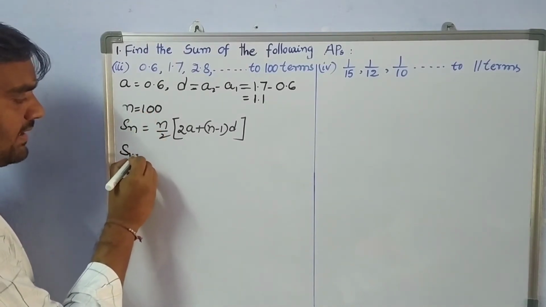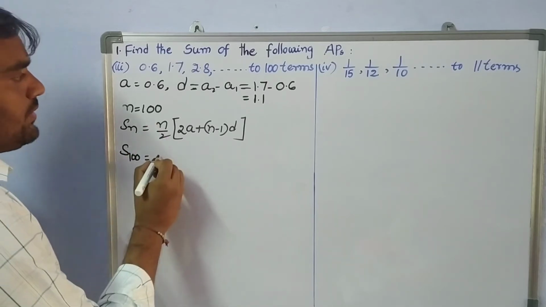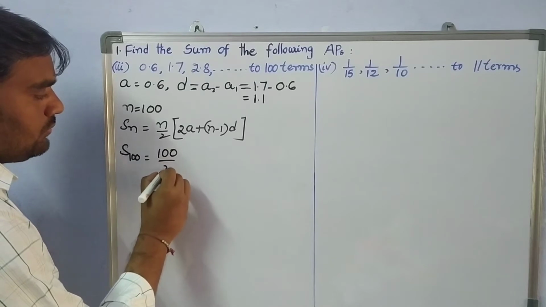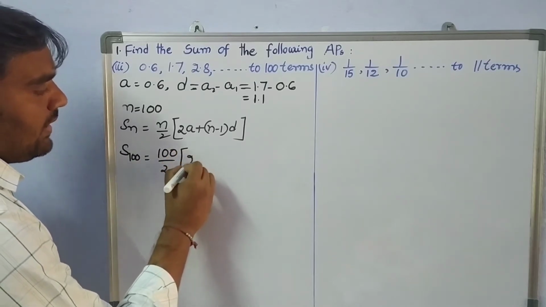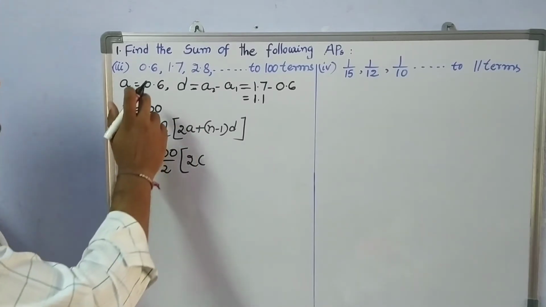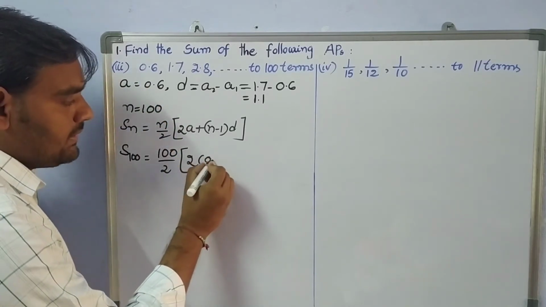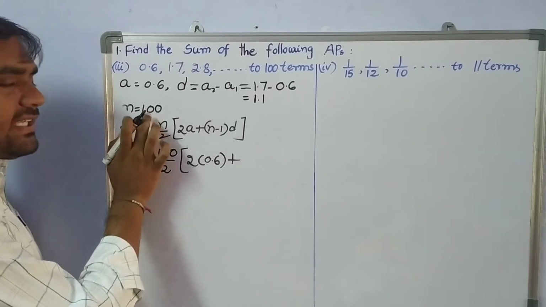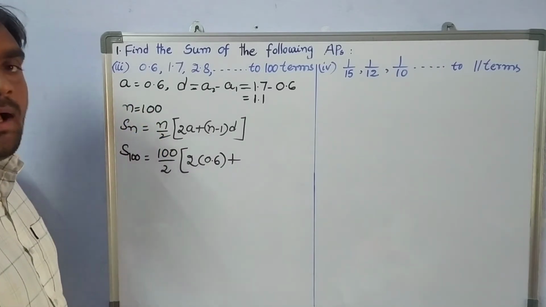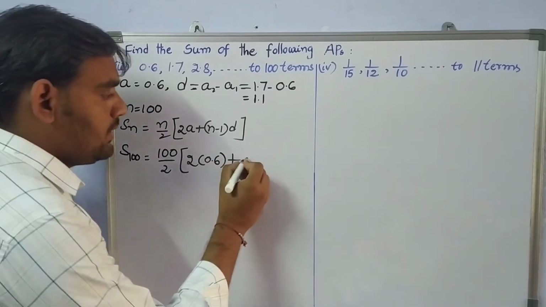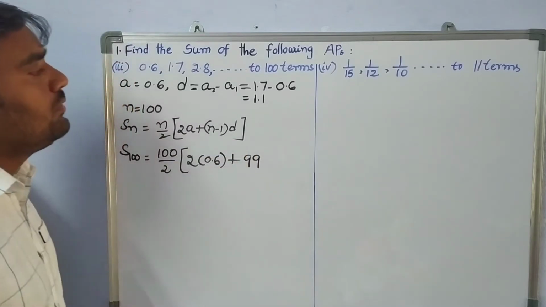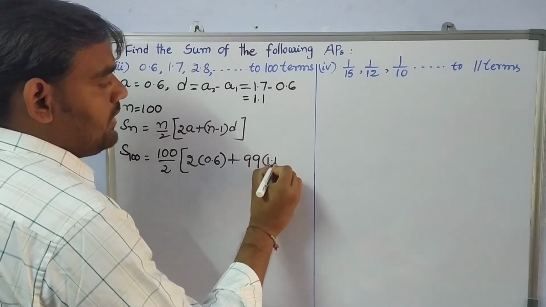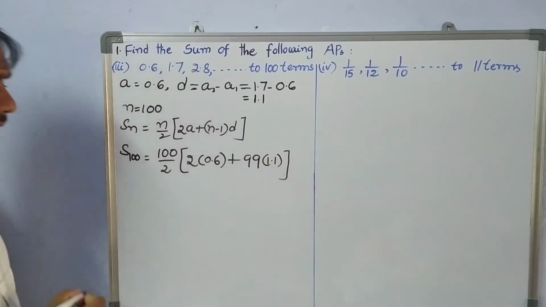So S100 is equal to n by 2. What is the value of n here? 100. 100 by 2 into 2a, so 2 into a value 0.6 plus n minus 1. n is nothing but 100, n minus 1 means 100 minus 1, 99. So 99 into common difference, that is 1.1. Is it clear or not?